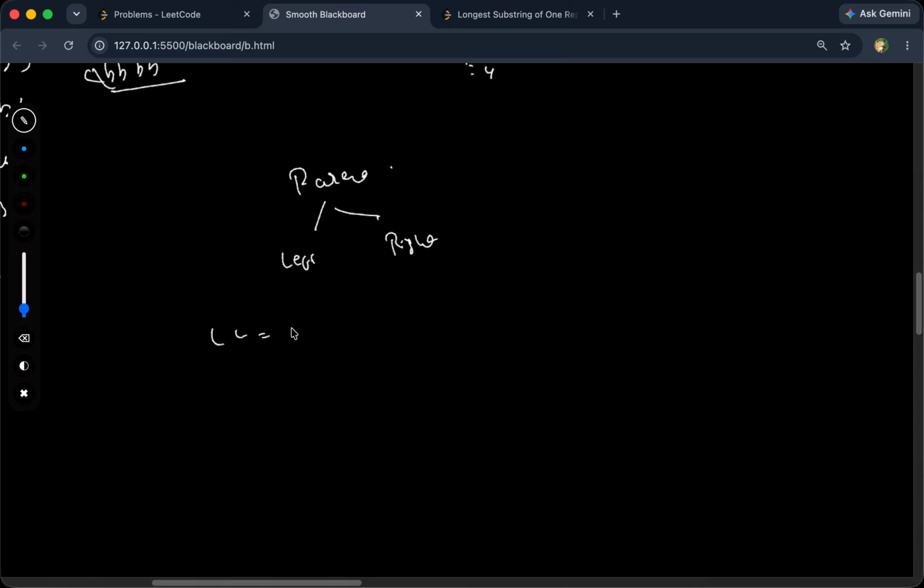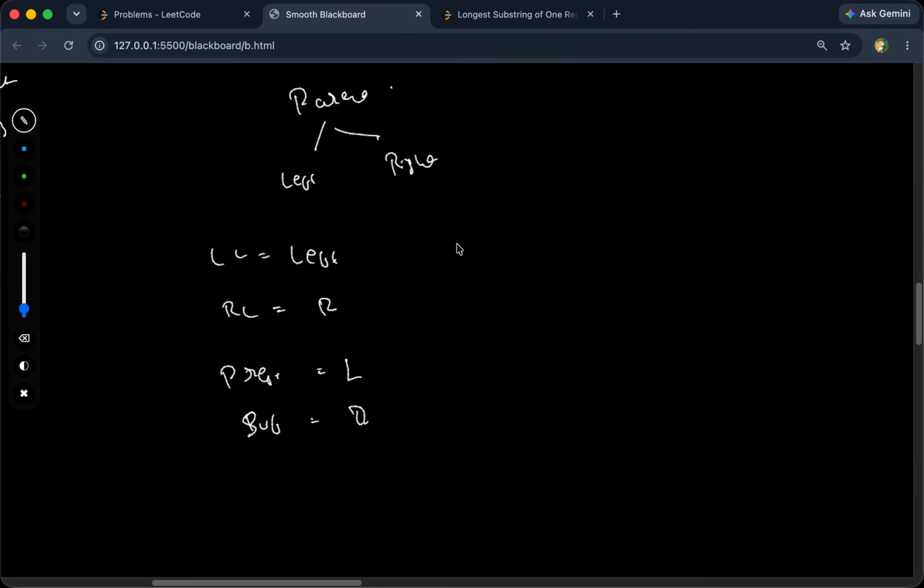Left character is equal to left and right character is equal to right, so prefix is left and suffix is right, so best is equal to left best, right best, or left suffix plus right prefix. Okay, so that's the entire merge idea.